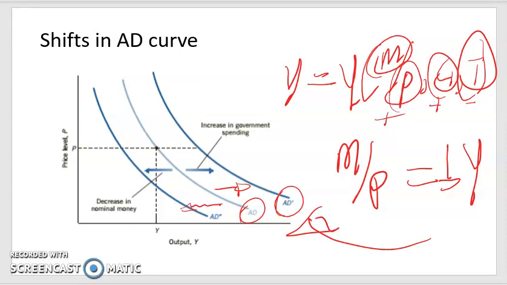The aggregate demand curve gives us the impact of change in price on output. The negative sloping curve shows that there's a negative relationship between price and output. When price increases, output is going to decrease.